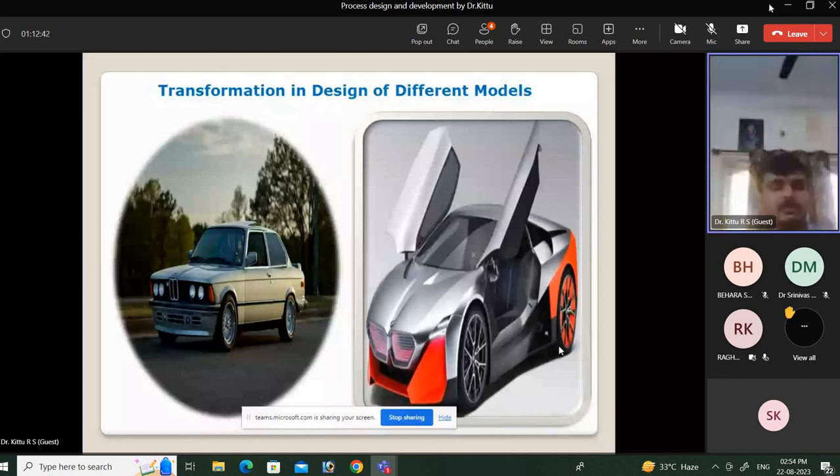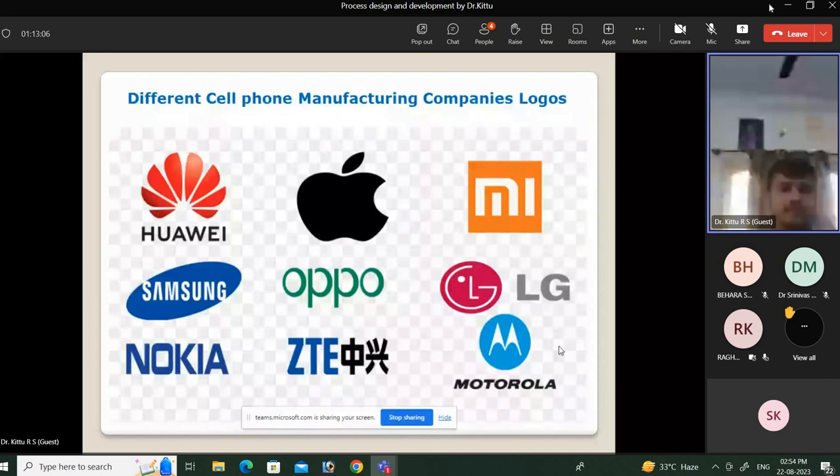You can go for enhancement, always. Students are required to inculcate such ideas, and the habit of thinking twice or thrice to get things done. Then let us observe the logos of different cell phone manufacturing companies. I have already explained the car manufacturing industries, and the efforts they made to create such logos.